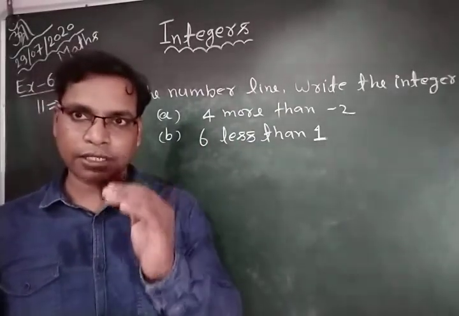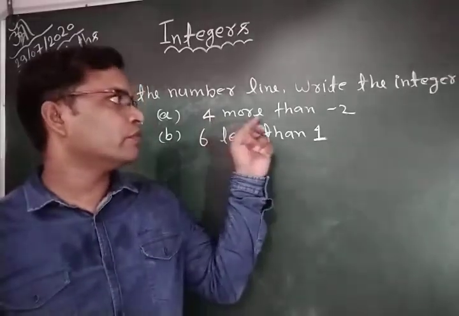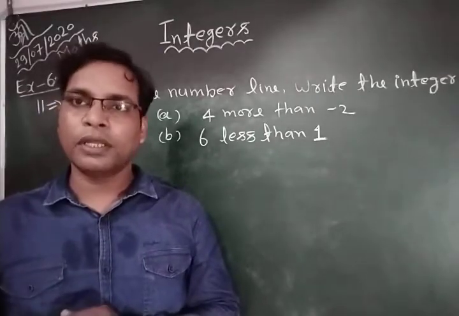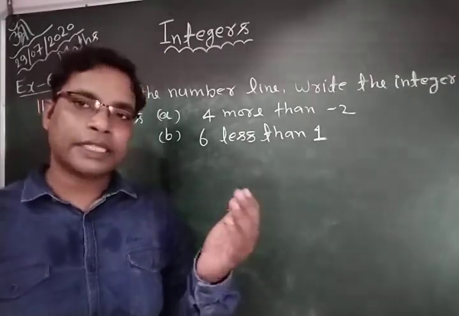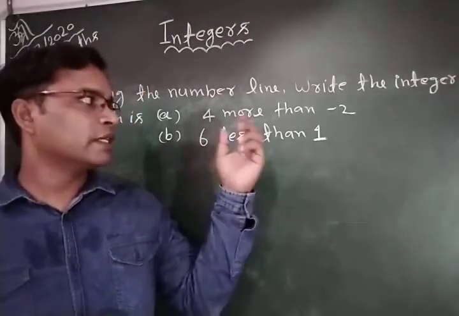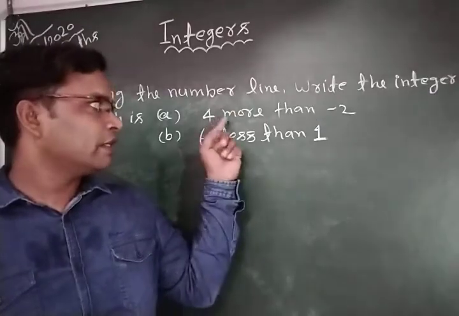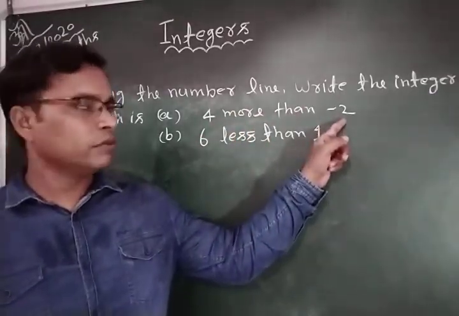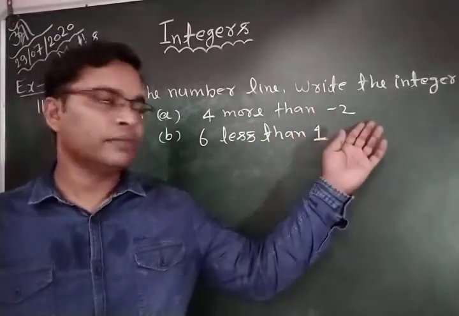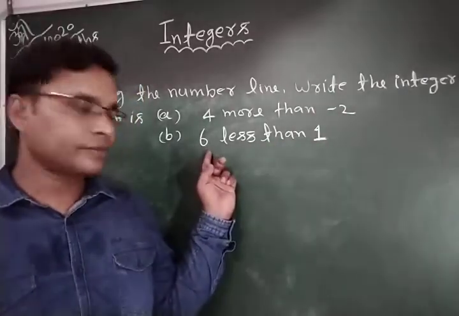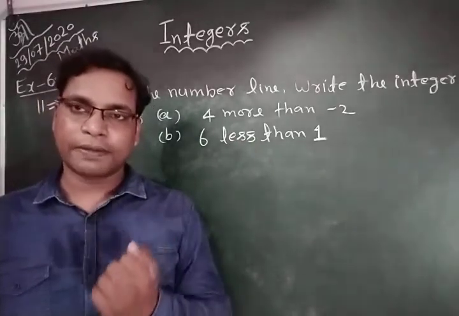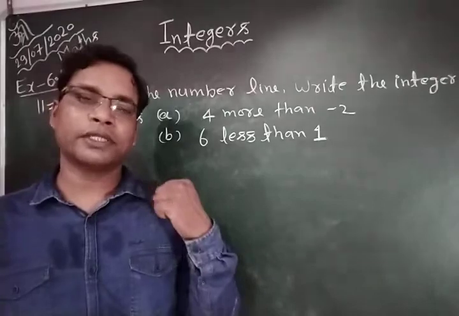In the case of more, like 4 more than -2, we move in the right direction, and in the case of less, we move in the left direction from the given integer. Here, 4 more than -2, so we move 4 units right from -2, and here 6 less than 1, so we move 6 units in the left direction from 1.